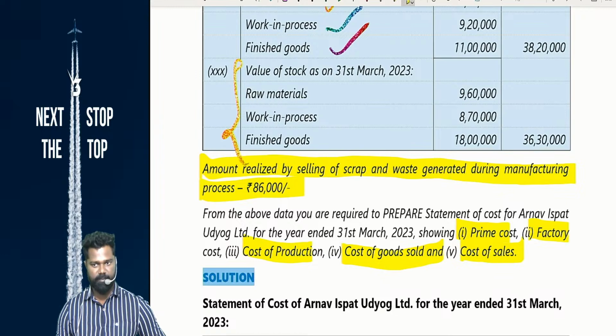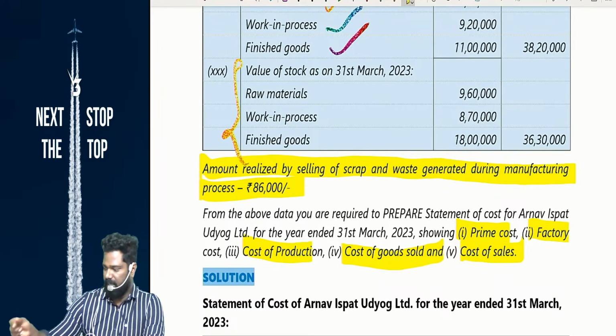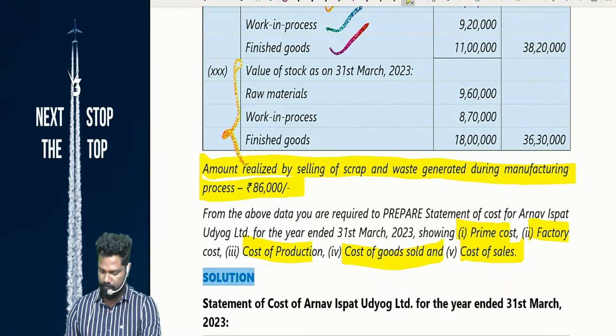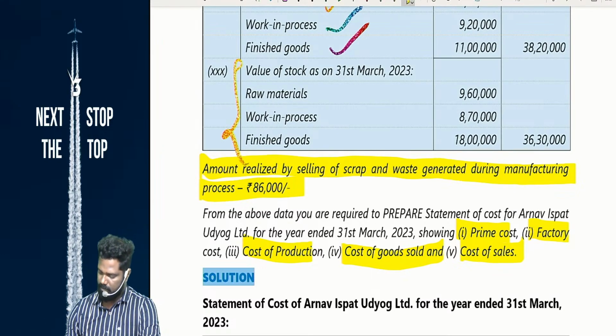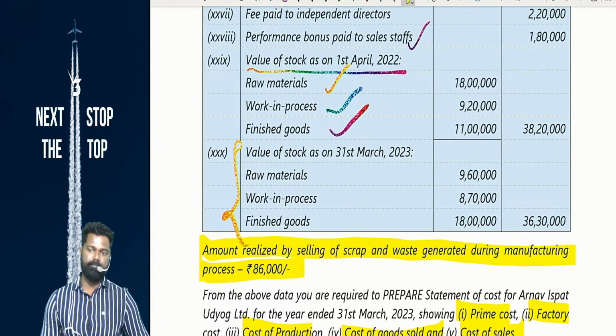Particulars, rupees and rupees. Make the rupees column big. Particulars, rupees, rupees. We'll dissect each and every item and then come back. Okay? Chalo. What is the first item?